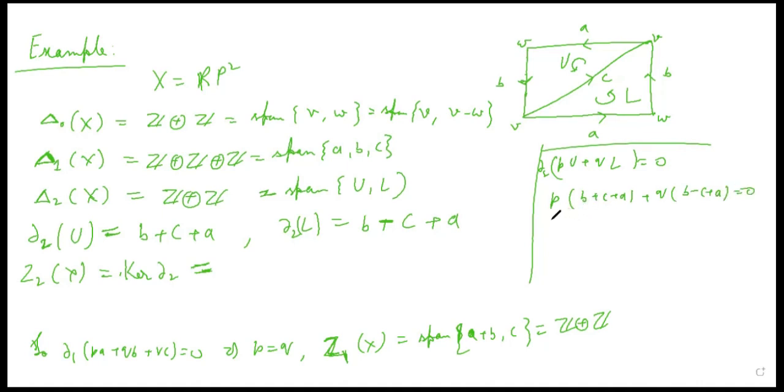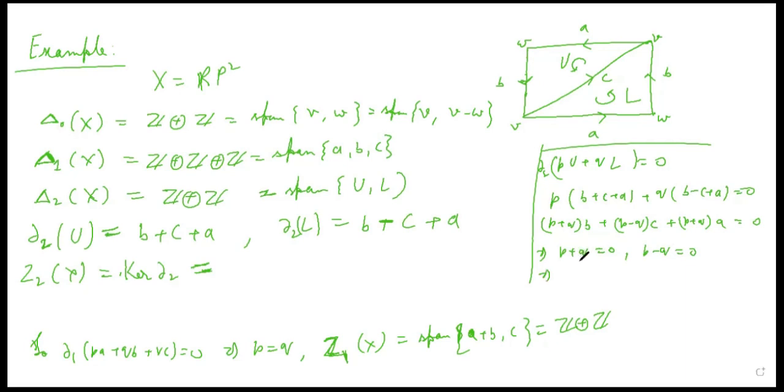Now this will give p plus q times b plus c, p minus q times c plus a, equal to 0. This implies p plus q equals 0, p minus q equals 0.